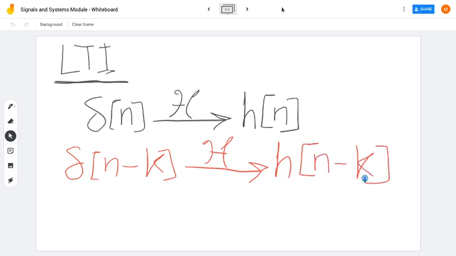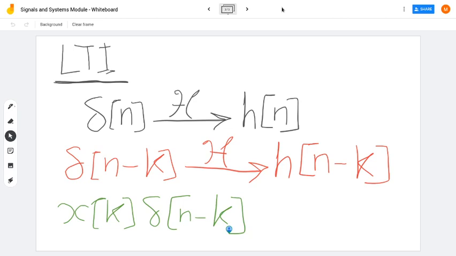And since the system is linear, multiplying delta of n minus k by a constant like x of k and applying it to the system, we will get the same constant x of k multiplied by the shifted impulse response h of n minus k.